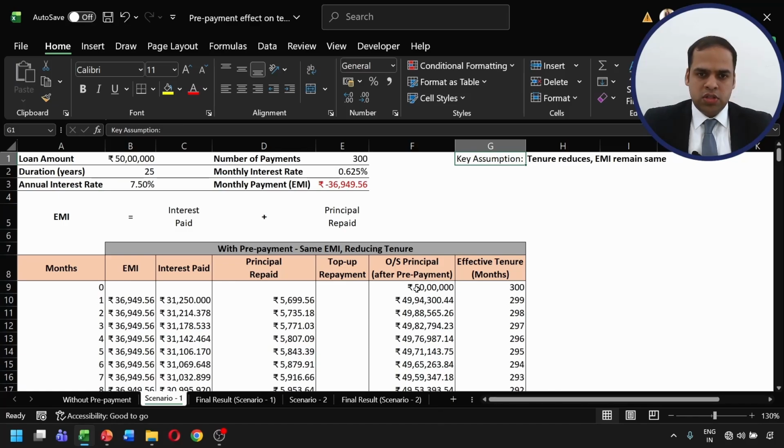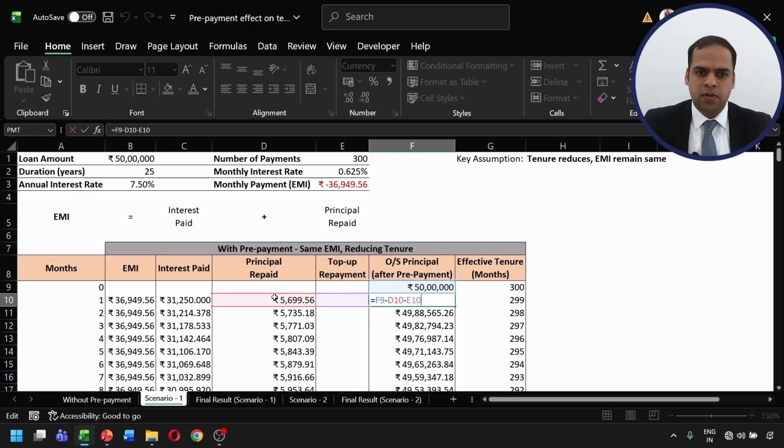So the outstanding principal formula has also changed a bit. Earlier the principal repaid was subtracted from the outstanding principal, but now we are also removing the top-up repayment. And we will also see the final result in the next sheet.